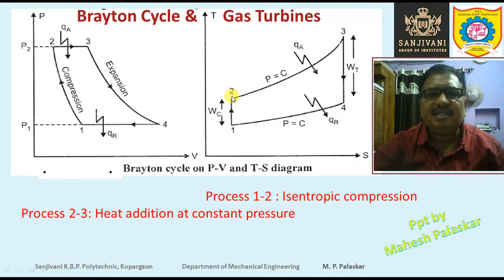If you look at this TS diagram, you will find that the temperature increases and the entropy also increases, but the pressure is constant. So this is the process of heat addition at constant pressure, which is applicable for the constant pressure combustion gas turbines.